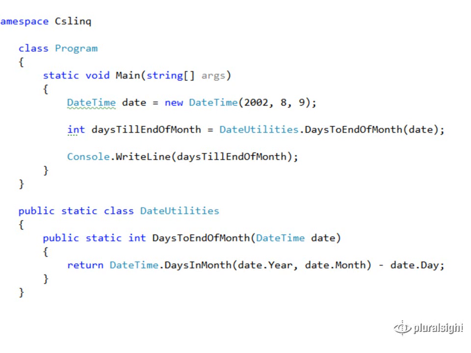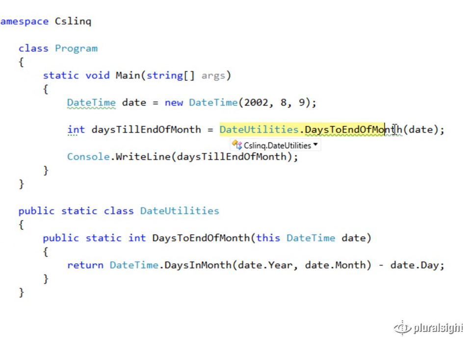The static method invocation makes this code a little hard to read because the type name DateUtilities gets in the way. If I make DaysToEndOfMonth an extension method, however, I can make this method appear as if it's an instance method of DateTime. And the way to make an extension method is to add the this keyword in front of the first parameter of a static method on a static class.